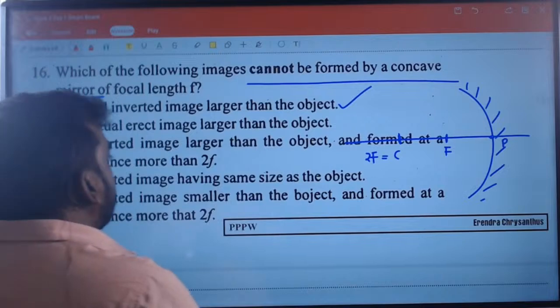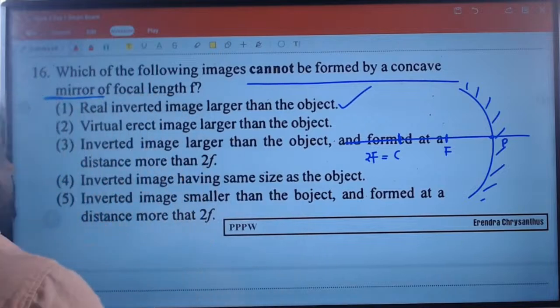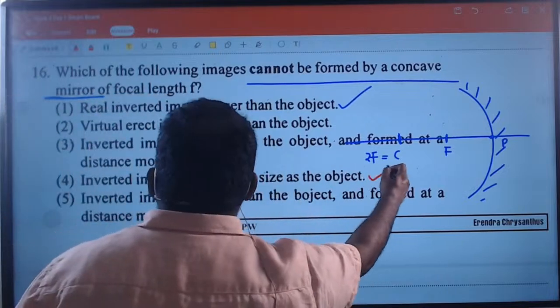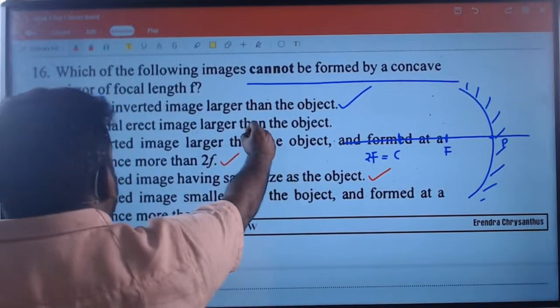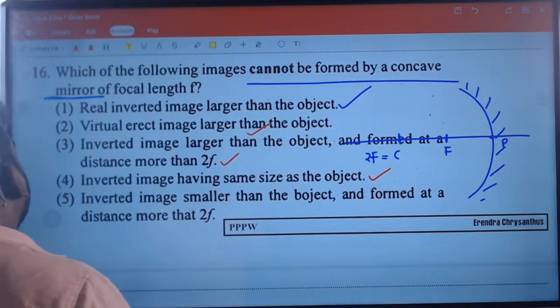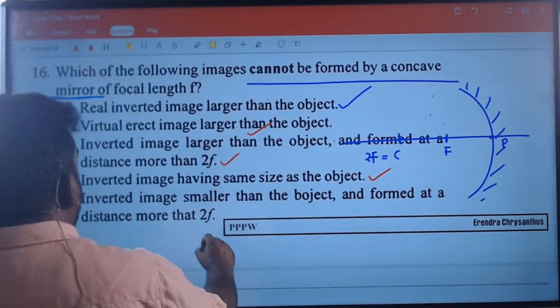Inverted image having same size as the object is formed at 2F. These are the forms. Inverted image smaller than the object and formed at a distance more than 2F.